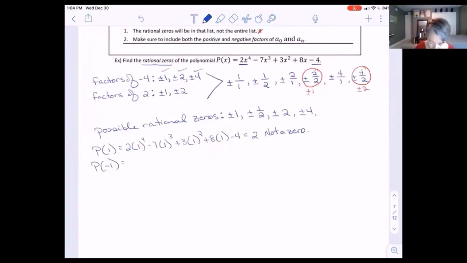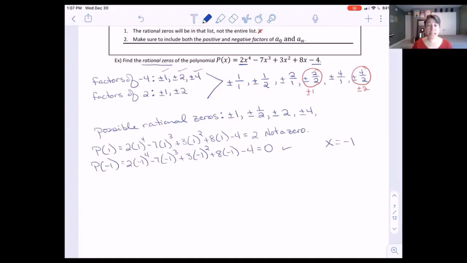Let's try -1. We get 2 times -1 to the 4th minus 7 times negative 1 cubed, plus 3 times negative 1 squared, plus 8 times negative 1 minus 4. That one does in fact give us a 0. So we know x equals negative 1 is one of our zeros.